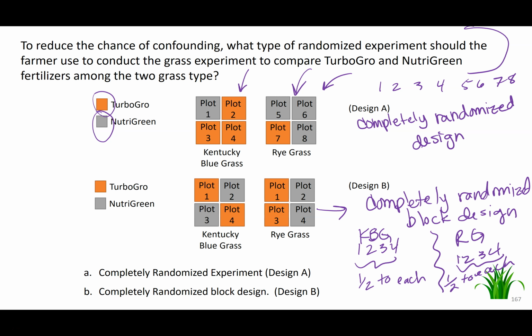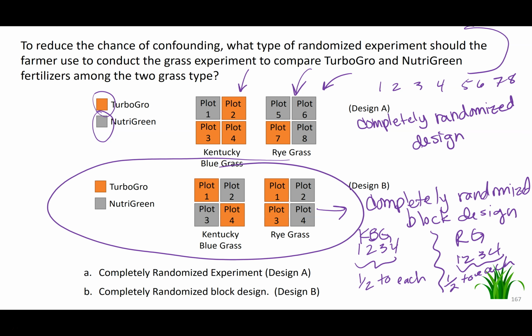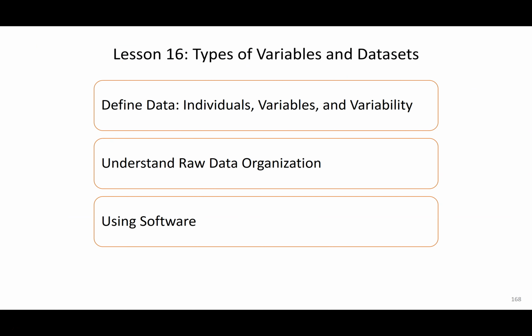So if I want to get at the impact of the fertilizer but account for the type of grass, I am going to need to use this completely randomized block design. So it does absolutely matter which of the two it is. You're going to want to make sure that you assign half of the plots for each grass to each fertilizer. So that should work there. On to lesson 16. We'll see y'all in a few.